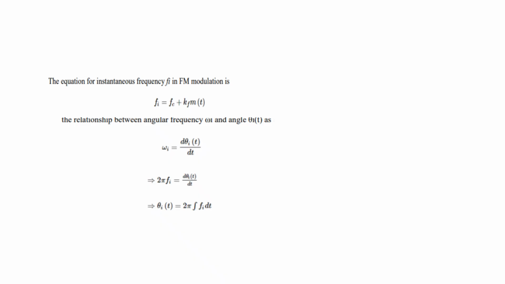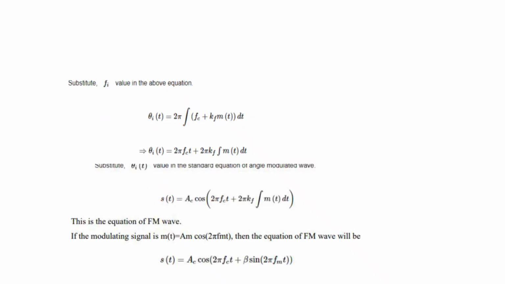The relationship between the angular frequency and the angle theta is theta of t equal to 2 pi integral Fi of t dt. Substituting the value of Fi, theta of t is equal to 2 pi integral of Fc plus Kf m of t dt, which gives theta of t equal to 2 pi Fc t plus 2 pi Kf integral m of t dt.